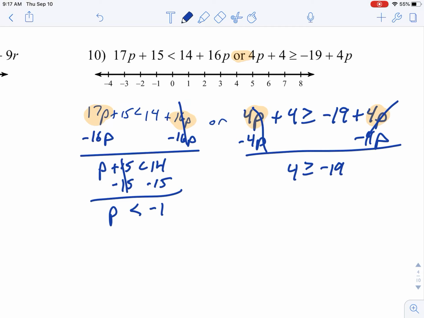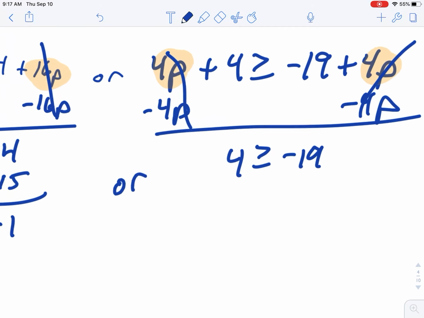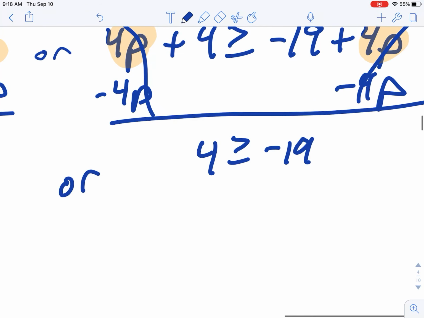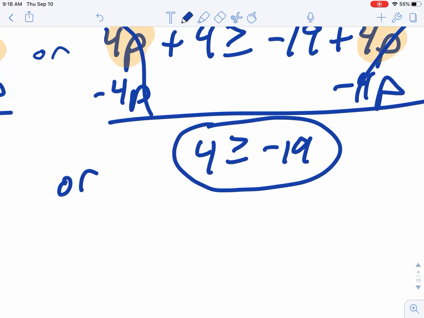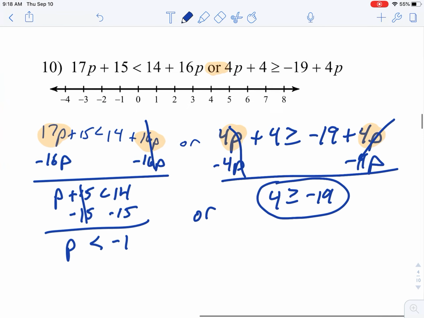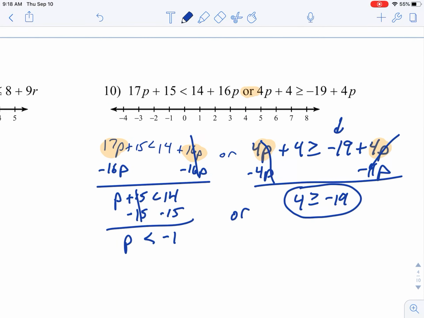So this is an or statement, but this is probably a special case because when the variable cancels out, you have either a true or a false statement. And 4 is greater than negative 19. That's true. So that means that this portion of it is all real numbers. But this portion is simply negative 1 with a circle and a graph this way.